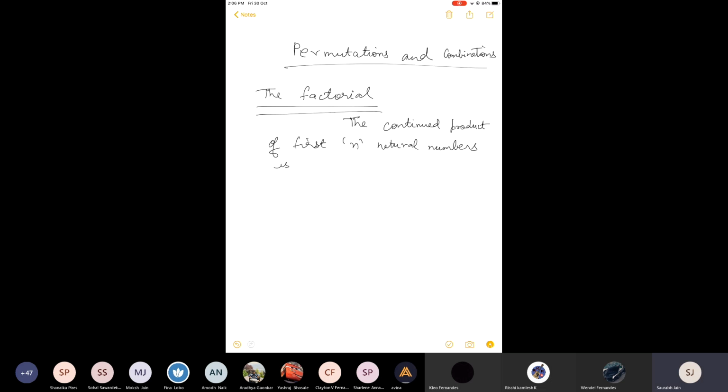The continued product of first n natural numbers is called n factorial, or factorial n, whatever you say.